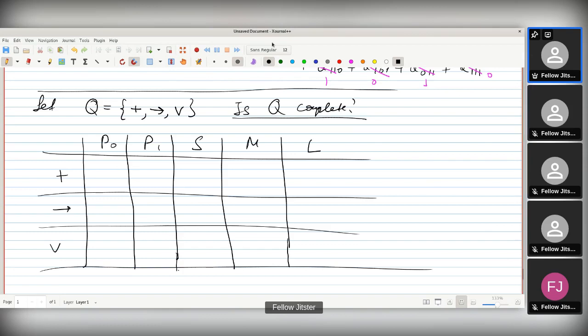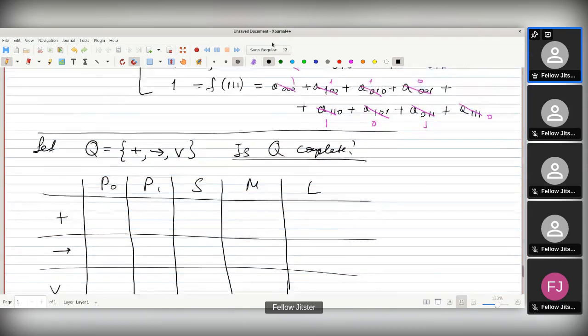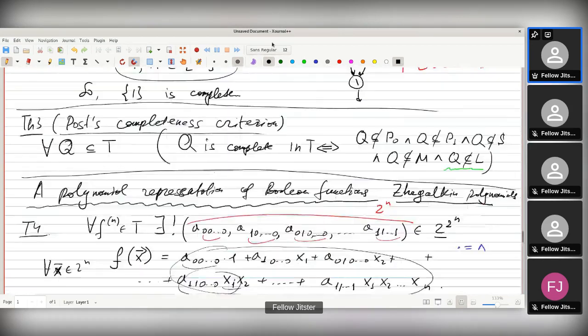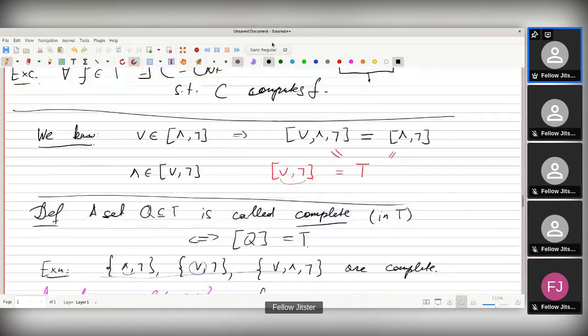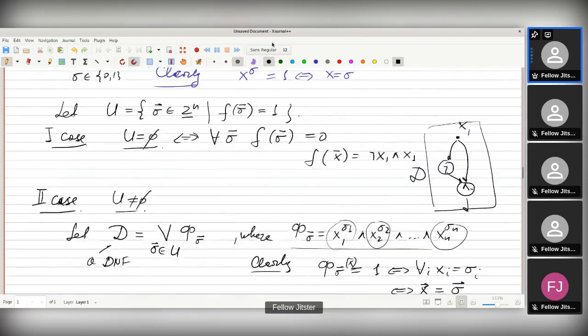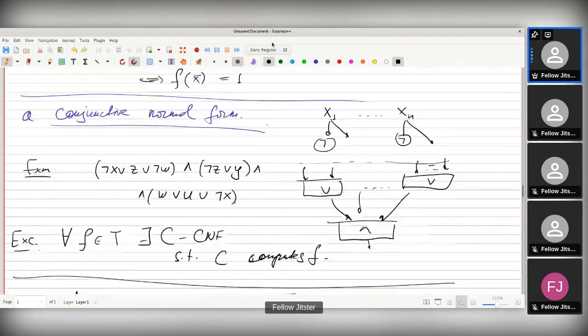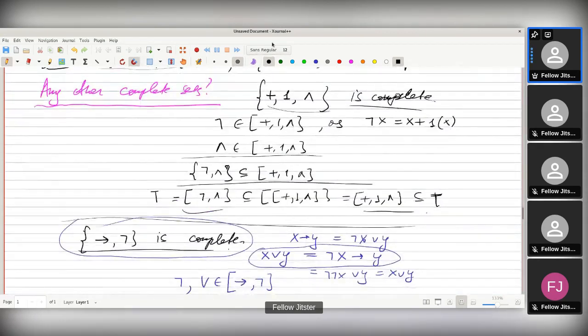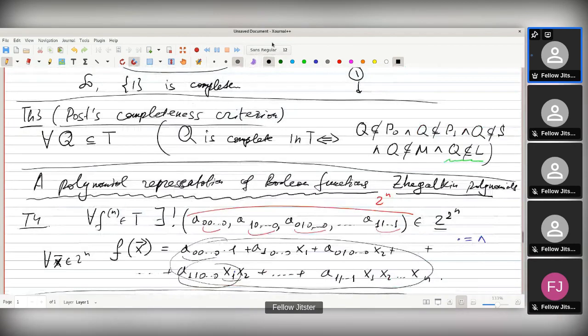In order to be complete, this set Q must not be included in any class P0, P1, S, M, L. So we need a function out of every class.